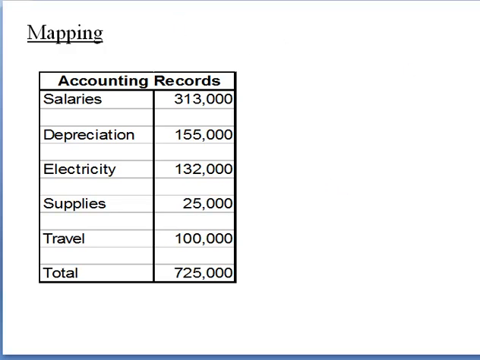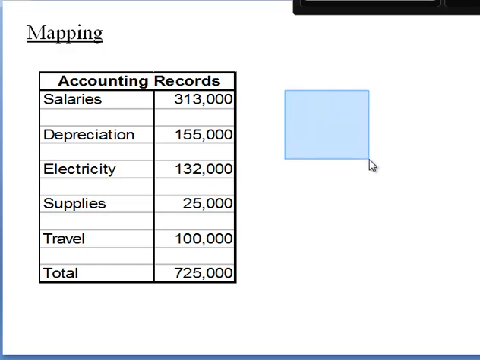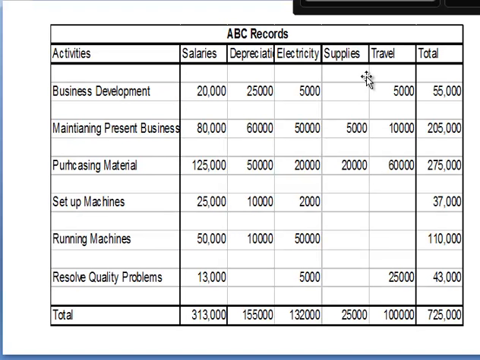In a normal accounting system, what is generally done is we calculate an absorption rate, dividing by output or labor, so you get one single absorption rate, whereas in this case you get multiple absorption rates.